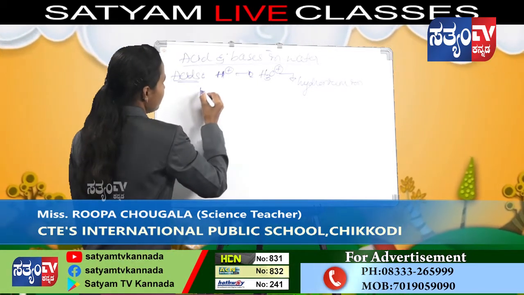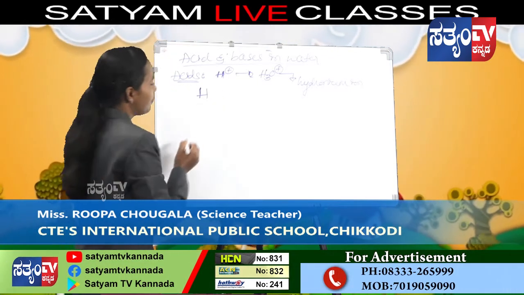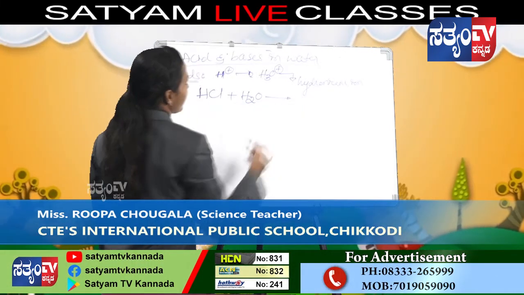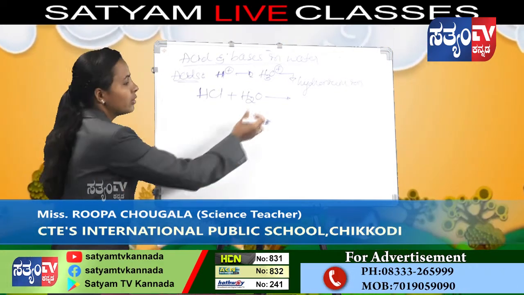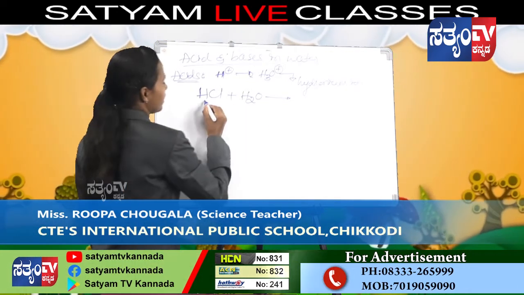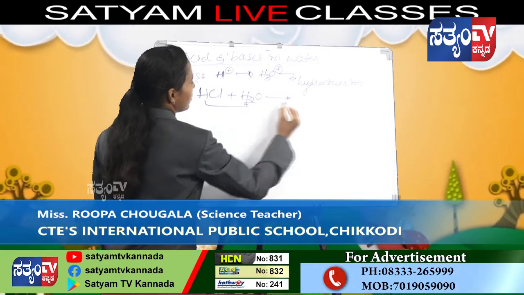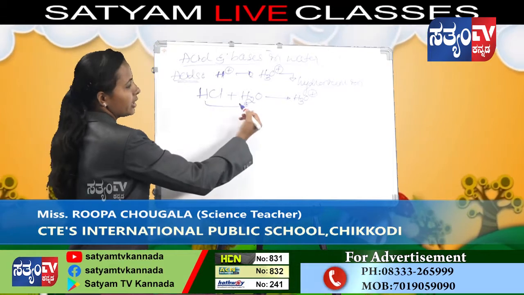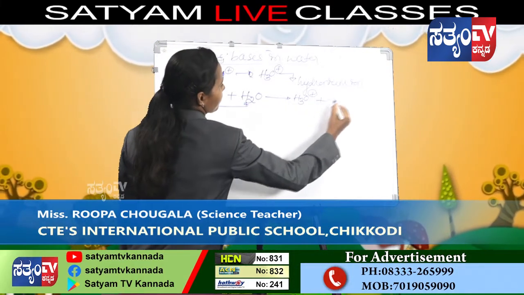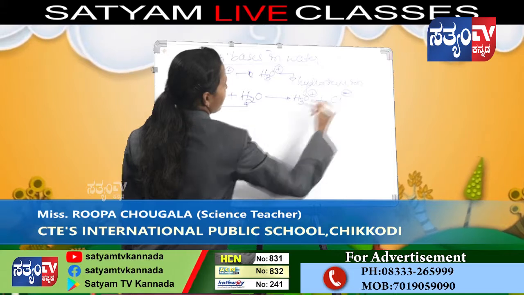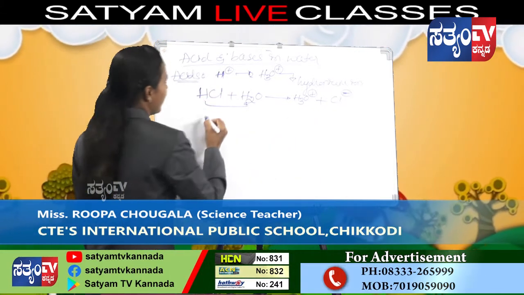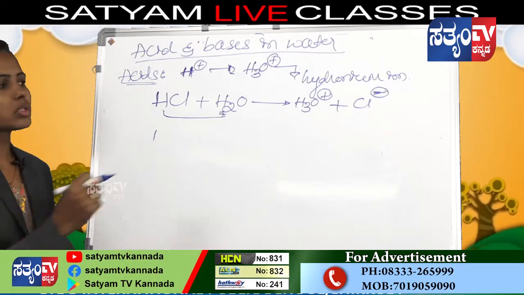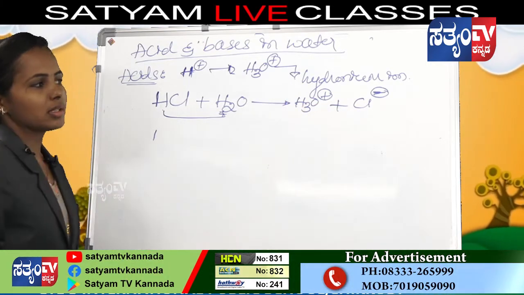Consider an example: HCl plus H2O. When hydrochloric acid dissolves in water, it combines with water and gives H3O plus and Cl minus ion.